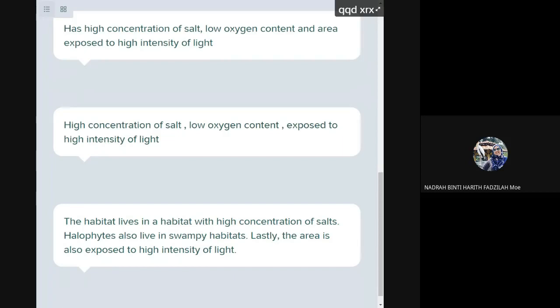So because of that, its soil has high salinity atau high salt content, and the muddy soil has low oxygen content. And then since it is at the end of the land mass, berada pada penghujung atau sempadan dataran, jadi dia ada high light intensity.